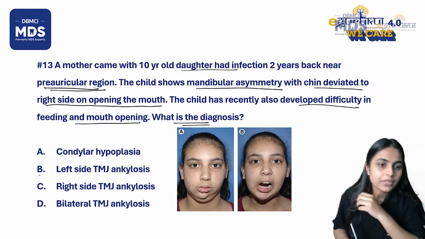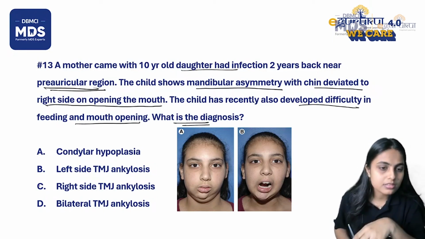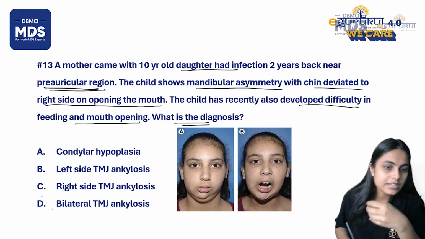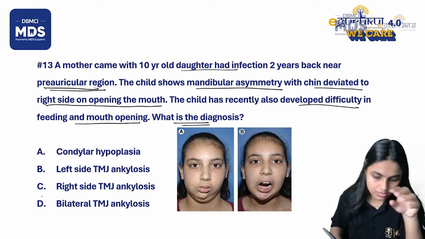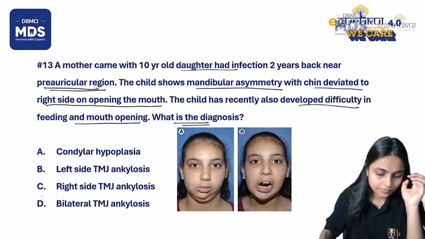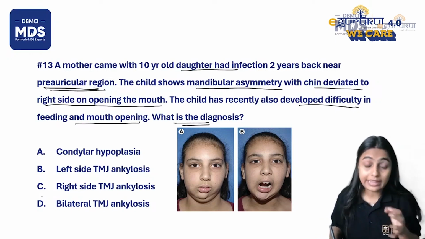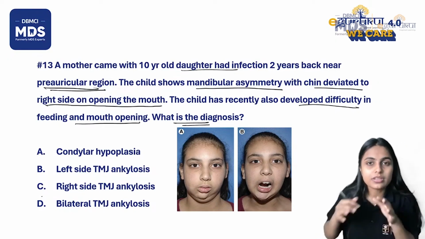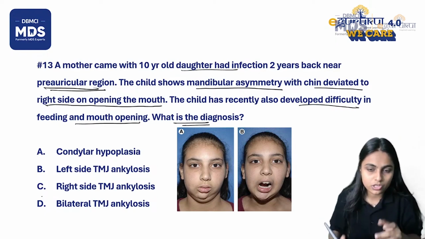A. Condylar hypoplasia. B. Left side TMJ ankylosis. C. Right side TMJ ankylosis. D. Bilateral TMJ ankylosis. What should be the answer? And they have also given clinical pictures, so it becomes easy for you to judge.